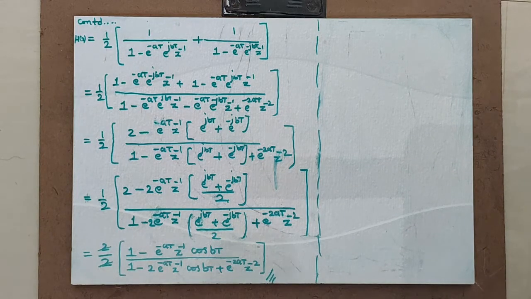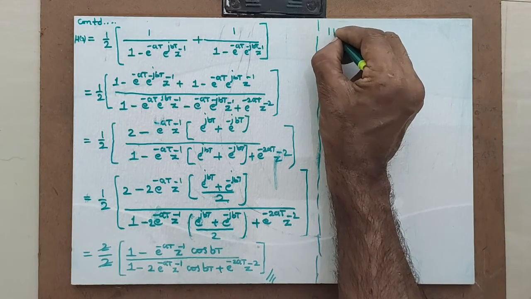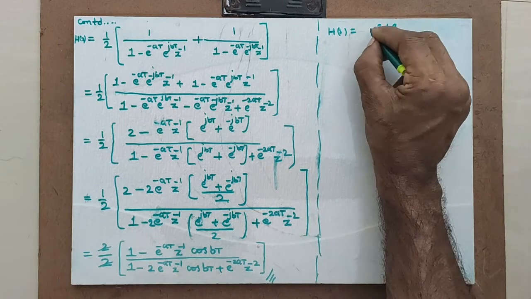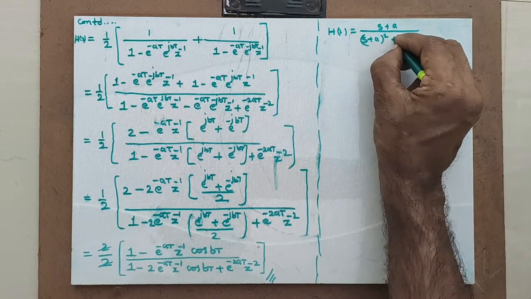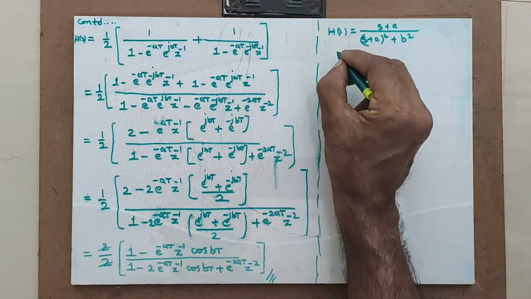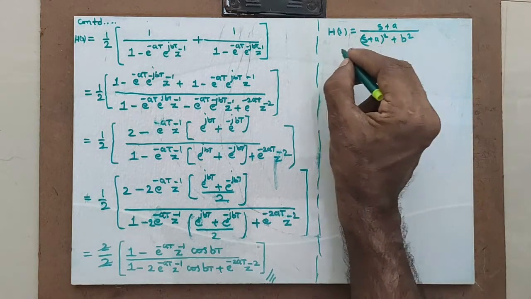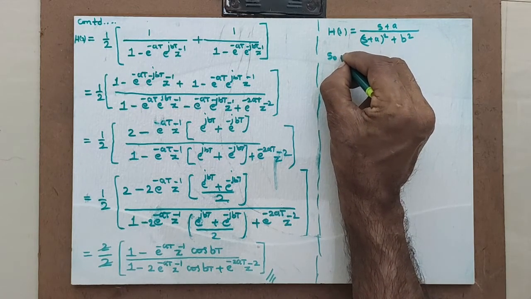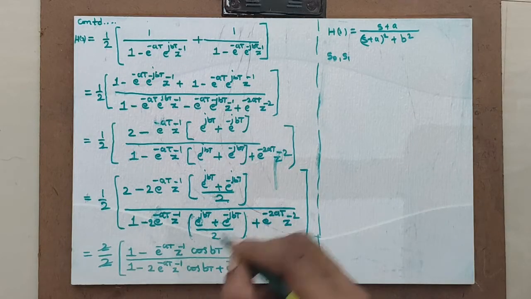Finally, I will just rewind this board. What happened? H of s, which was given to us, is of the type s plus a whole divided by s plus a whole square plus b square. What you did: this denominator is of the type s square plus 2as plus a square plus b square, and then you found two poles or roots s0 and s1, where s0 is minus a plus jb, s1 is minus a minus jb.